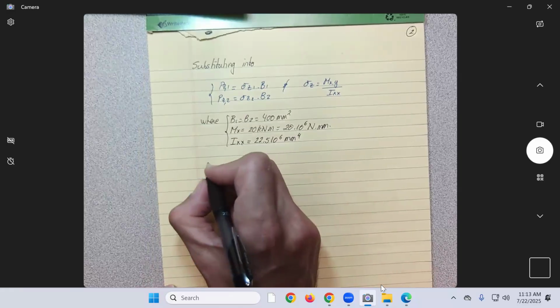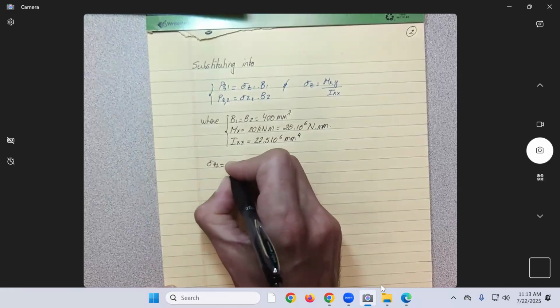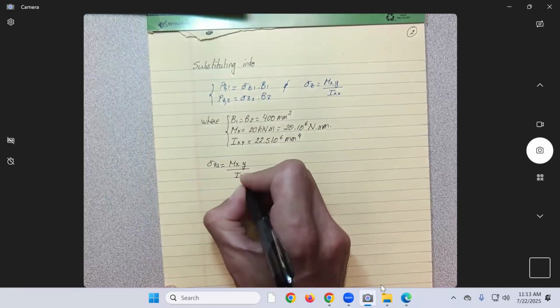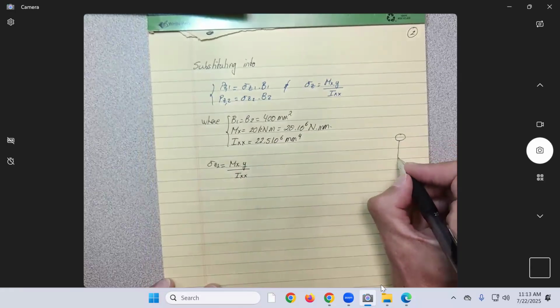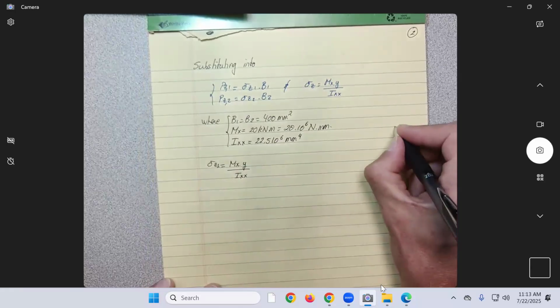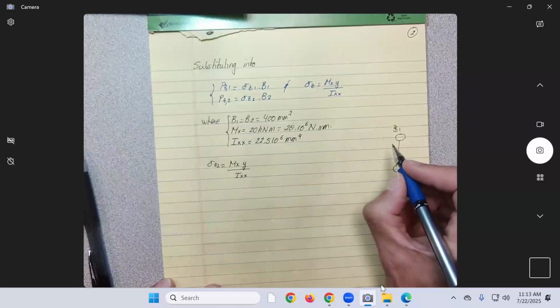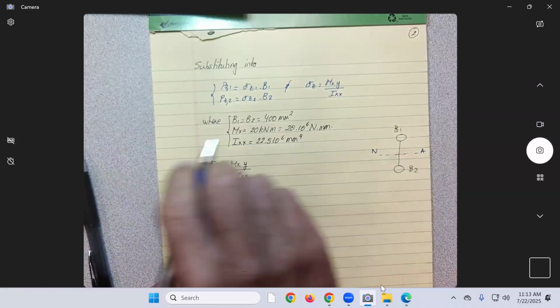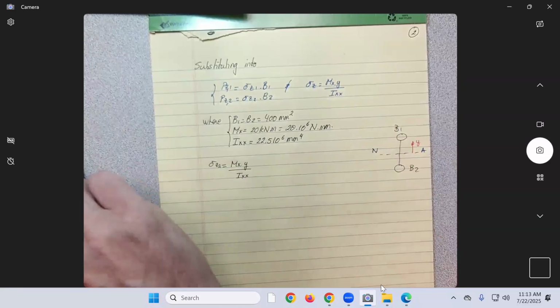Okay, so if we do the first one, sigma Z1 will be equal to Mx times y divided by IXX. So if I do here again a new figure, this is B1, B2, neutral axis, y.